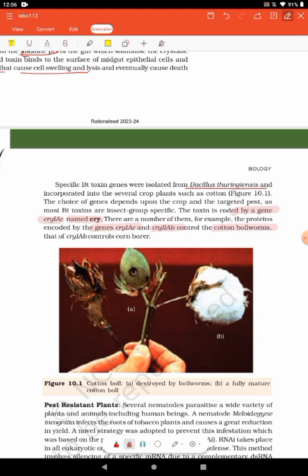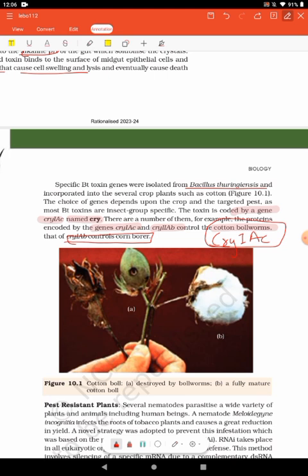CRY1AC is helpful in controlling the bollworm insect, and CRY1AB is helpful in controlling the corn borer. Okay, so these two different genes are helpful in controlling different types of insects.